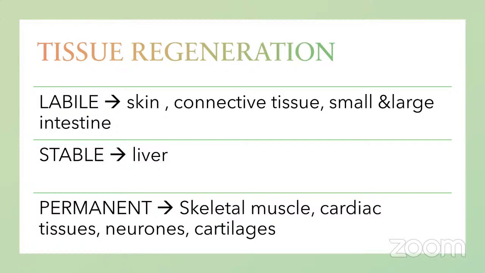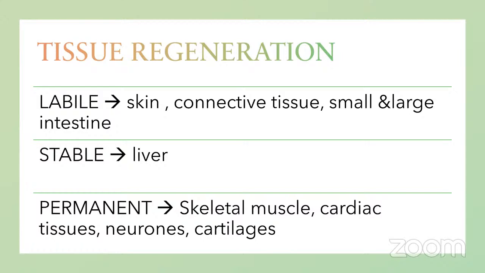Imagine a tissue of the liver has been damaged, and how is that damage recovered? The normally existing liver cells will start to divide, and due to hyperplasia, the liver cells will eventually regenerate.